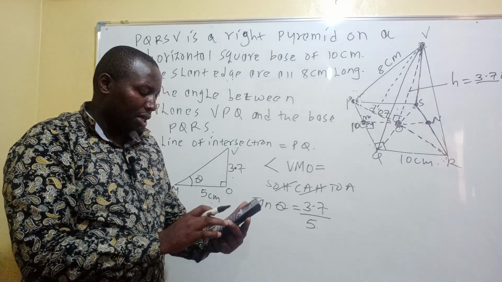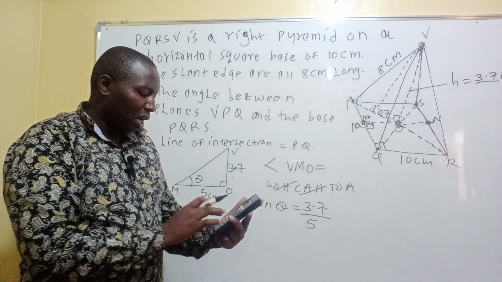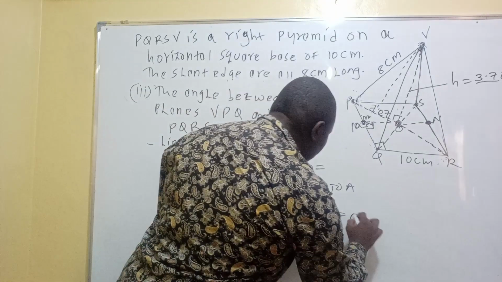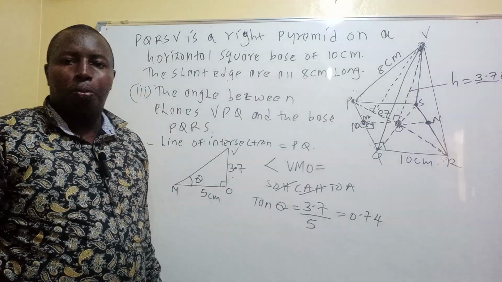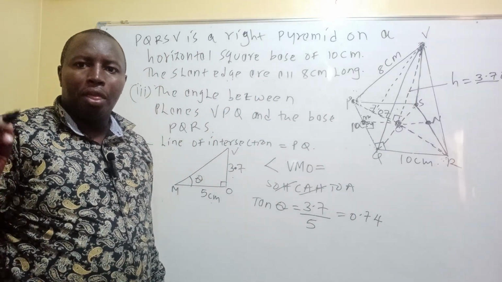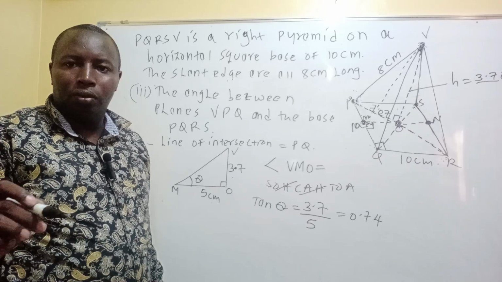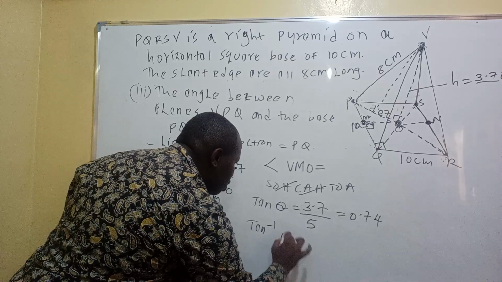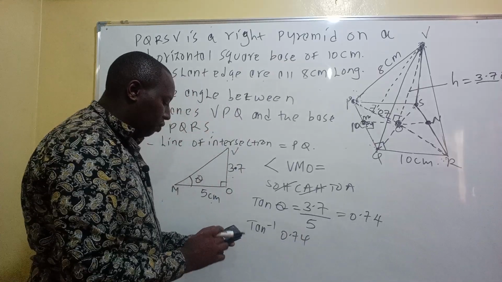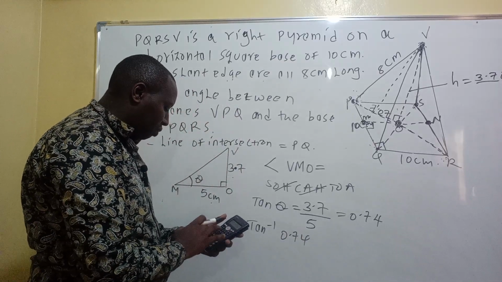So 3.7 divided by 5 becomes 0.74. Now find the angle using tan inverse of 0.74.